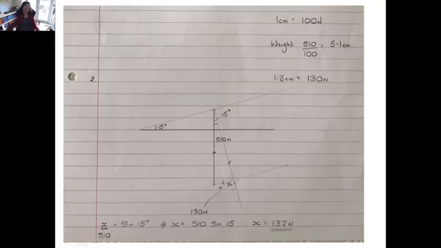For the second one, we have the weight acting straight down, which is 510 newtons, and this slope was at an angle of 15 degrees. So again, we draw our perpendicular line, which is at right angles to our slope, and we know that the angle between that line and the weight is going to be 15 degrees, exactly the same as it is here.